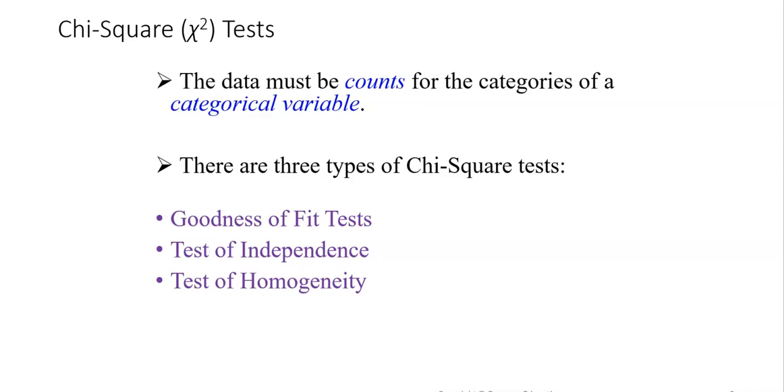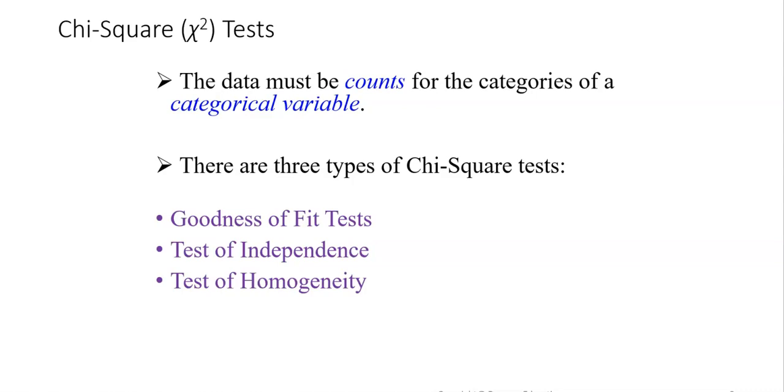We count how many times each category is repeated in the sample dataset. So, chi-square tests are used when we have counts for the categories of a categorical variable.